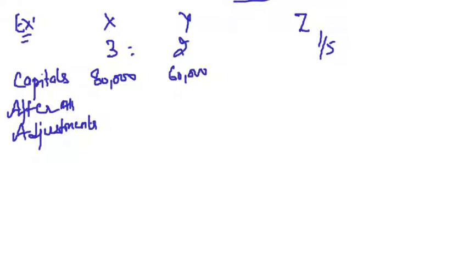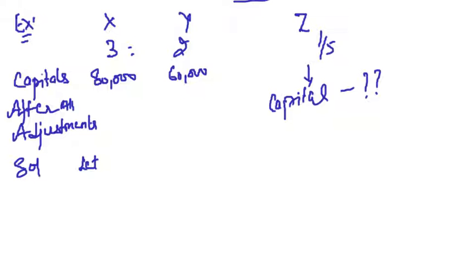Now the question says that Z has to bring sufficient capital to make the capital of all partners proportionate to their share of profit. We have to calculate the capital to be brought in by Z so that the capital of all the partners, X, Y and Z, is proportionate to their share of profit. Clear? How to do this? Now see, let the total share be 1.